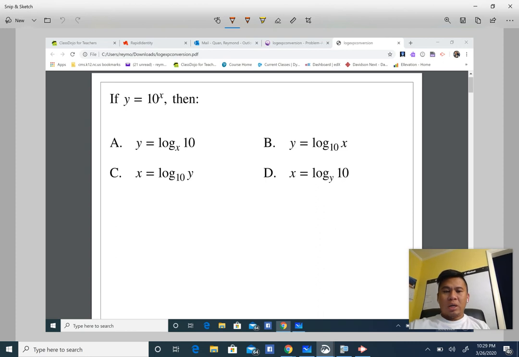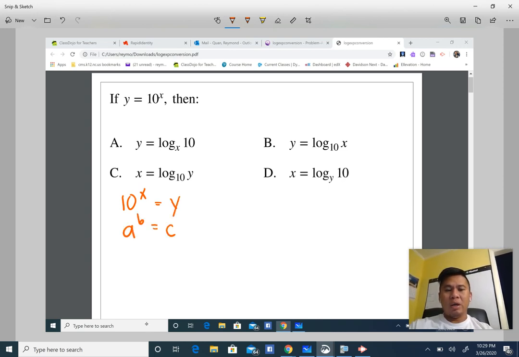In this case, what we're going to do is to write this y equals 10 to the x in the form 10 to the x equals y. In this case, that is of the form a to the b equals c as our exponential, which means that a is 10, b is x, and c is y.